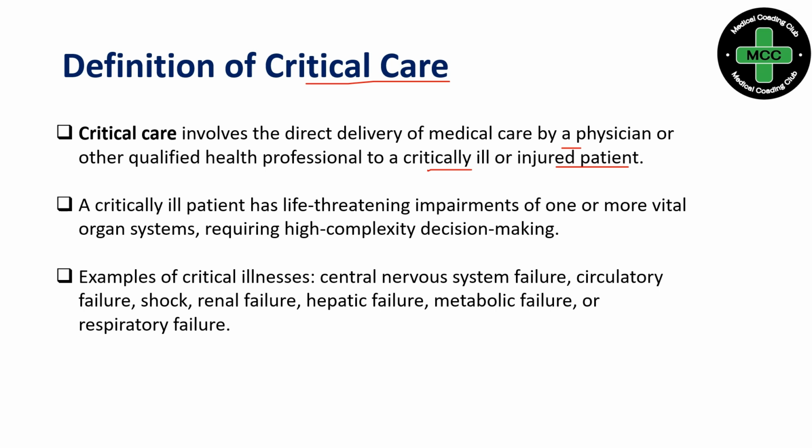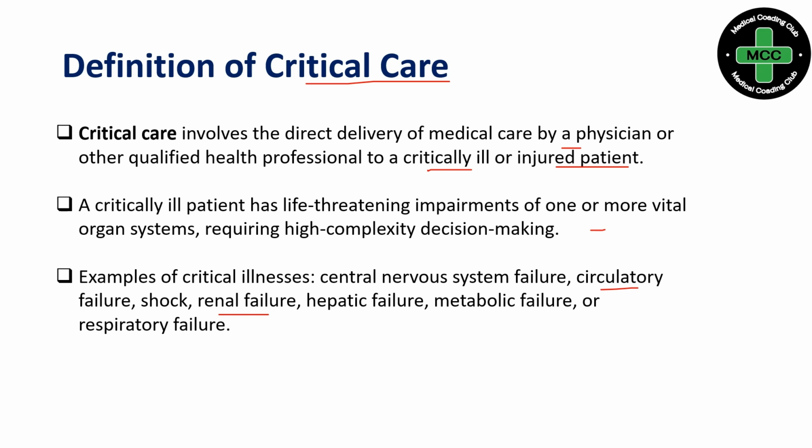By seeing this high complexity decision making, don't think we have to follow the MDM guideline here. They are just saying that the critical care conditions are very severe and require high complexity decision making and treatment. Examples of critical illnesses include central nervous system failure, circulatory failure or septic shock, renal failure, hepatic failure, metabolic failure, or respiratory failure.